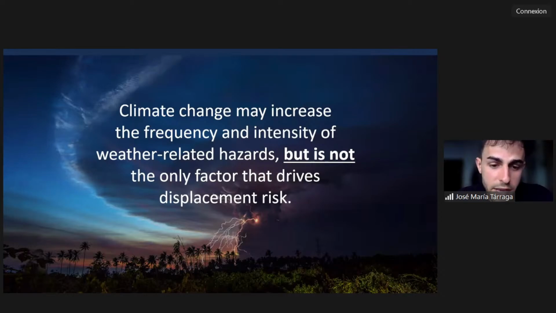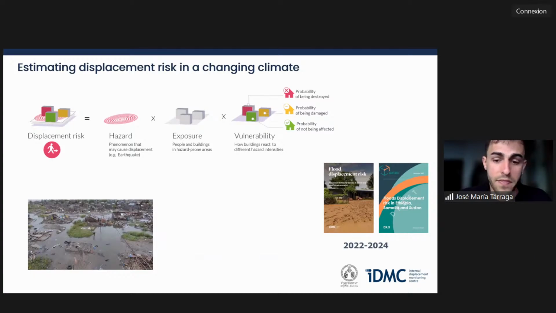So this is something that we know. Climate change will increase the frequency and intensity of these weather-related hazards, but it's not the only factor that drives displacement. And this was highlighted first by the IPCC in 2014. You have a compounded risk in which you have the hazard, which is the phenomenon that may cause displacement.